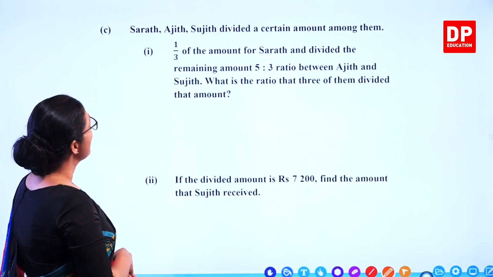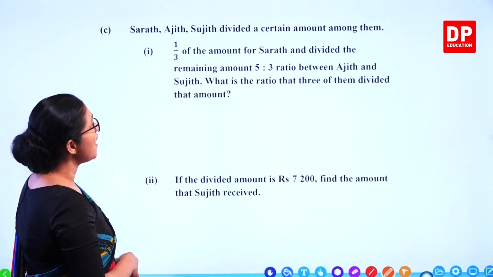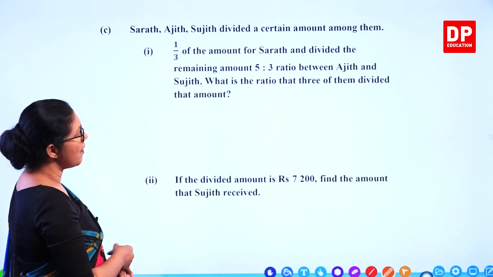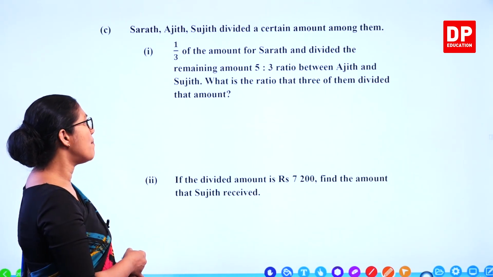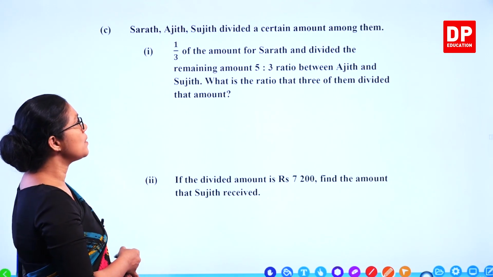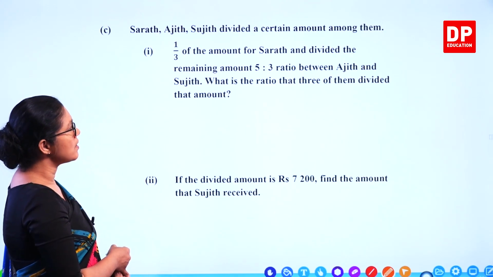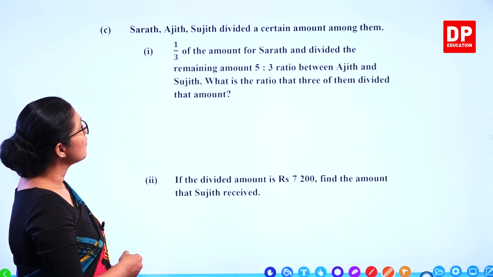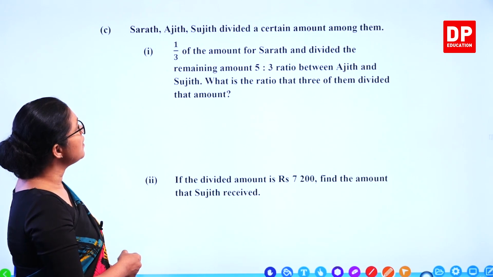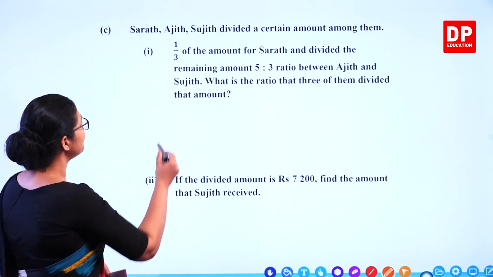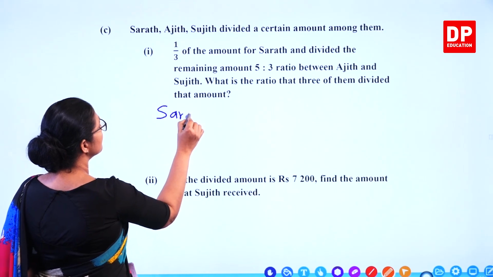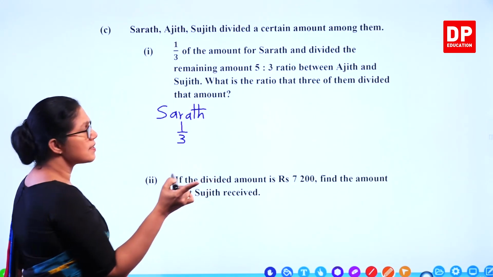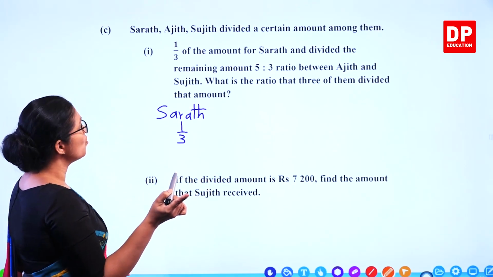Part C. Sarath, Ajit, Sujit divided a certain amount among them. 1/3 of the amount for Sarath and divided the remaining amount in 5:3 ratio between Ajit and Sujit. What is the ratio in which the 3 of them divided that amount? So 1/3 of the amount for Sarath. The remaining amount is 1 minus 1/3, that's 2/3.